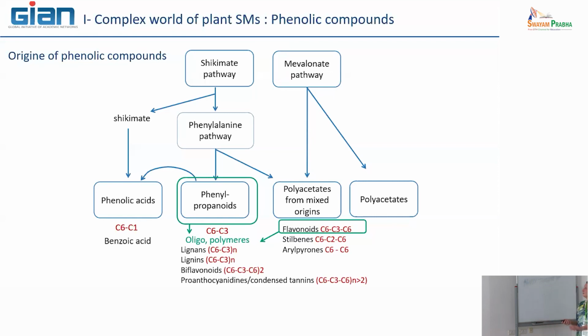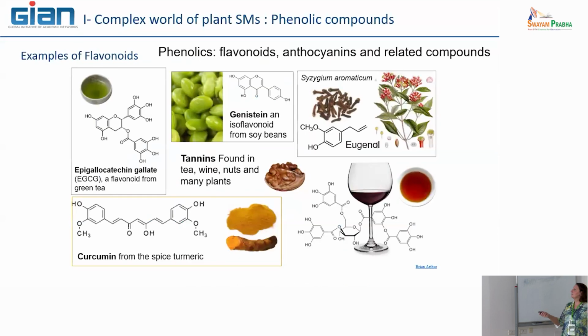Examples of flavonoids that are well known. I showed you different ones concerning tea and wine, but also you have some spices, curcumin that comes from curcuma, and genistein. It's a flavonoid very important in soybeans. This is why they are very useful for food, complementary food, and so on. There are so many applications.